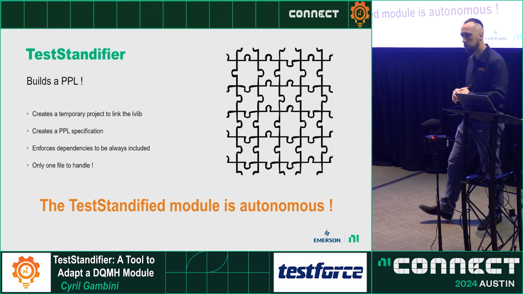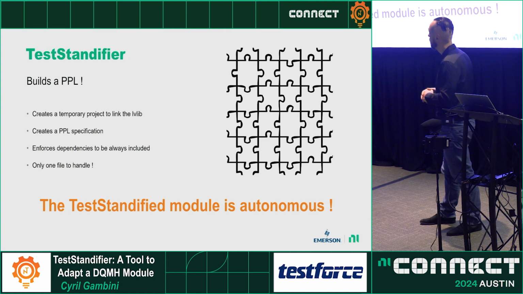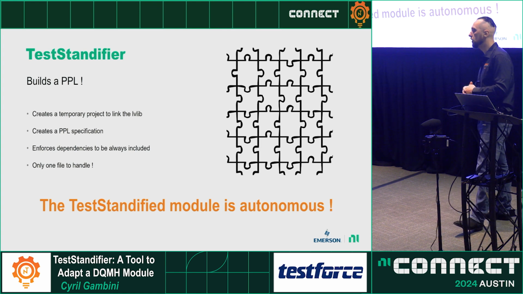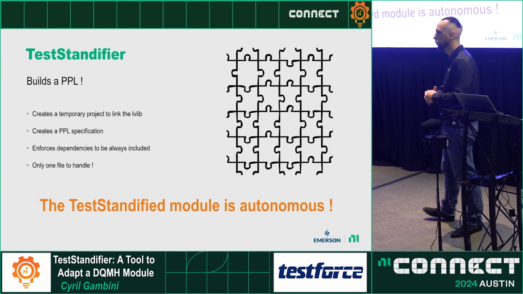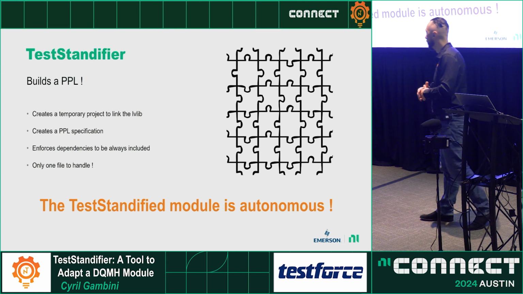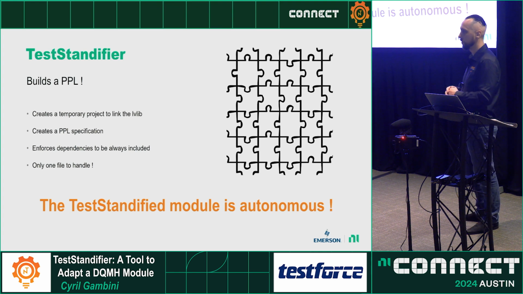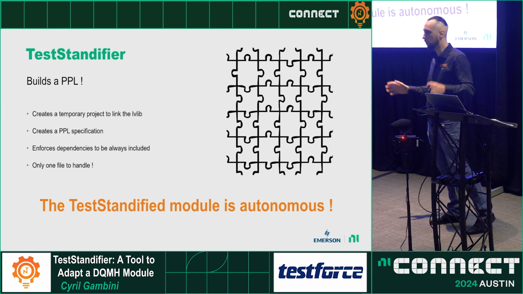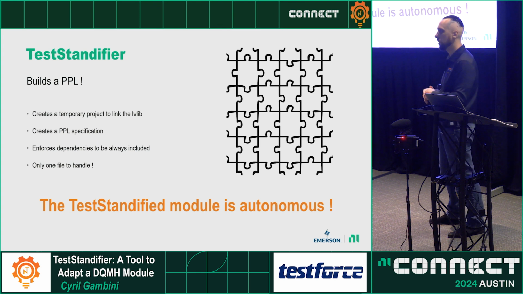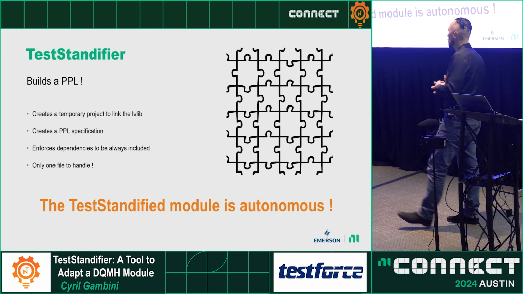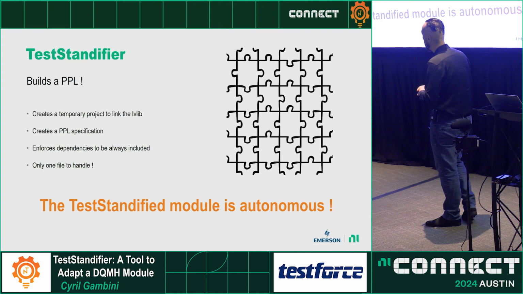So the PPL created by the TestStandifier may be a little bit bigger than the PPL that you would be creating yourself, but it makes the PPL autonomous. So it won't have any other dependencies on any other toolkits that may be installed, for example, on your computer. And so this allows you to handle only one file.